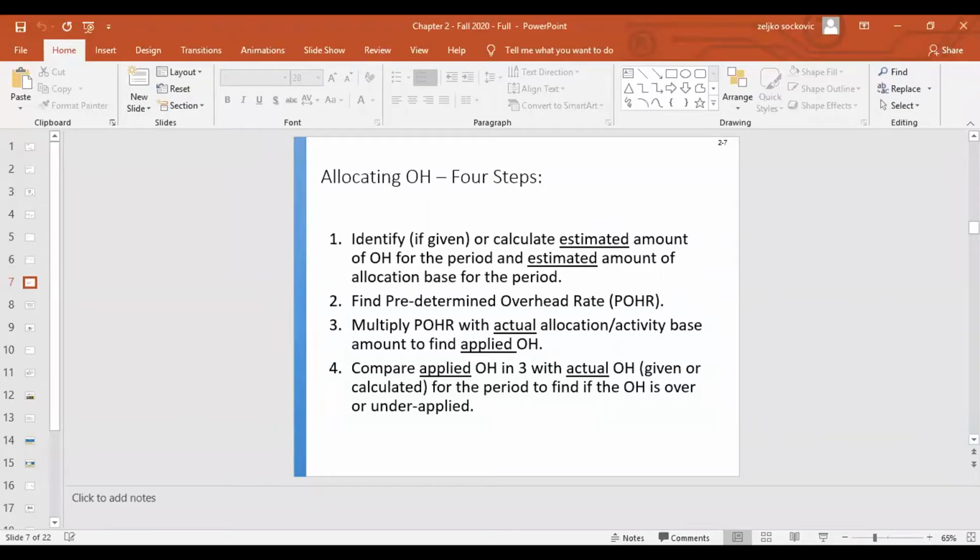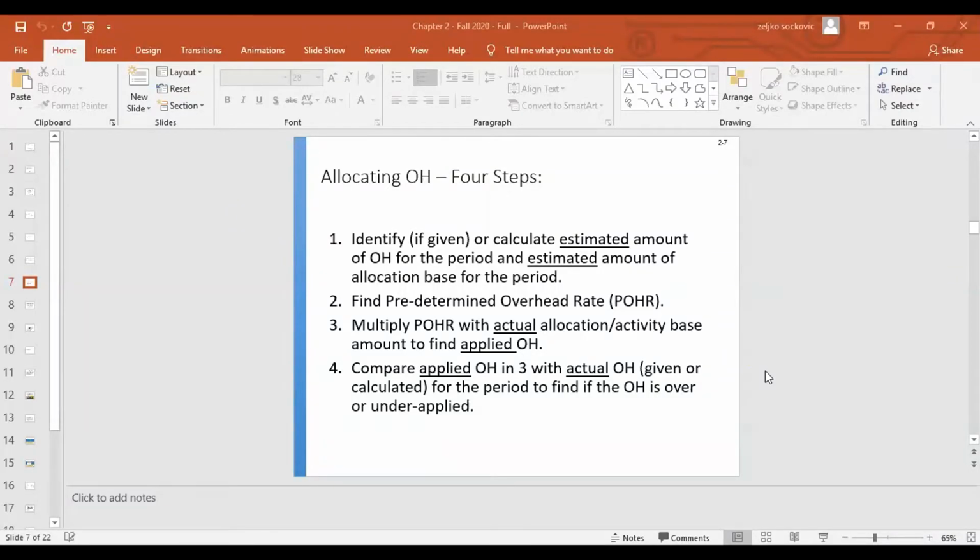Okay, let's say, how do you find for product X what the allocation base is? That's correct, what you said, but I want it to be very concrete, very specific.